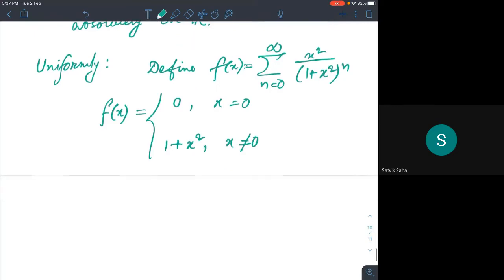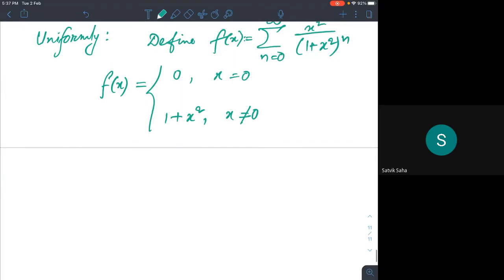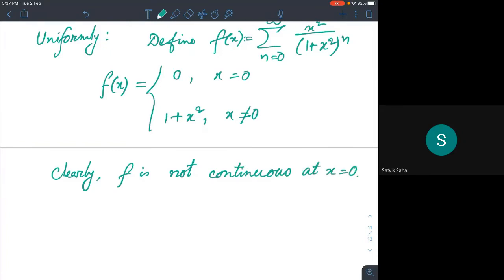You clearly see f is not continuous at x equal to 0.